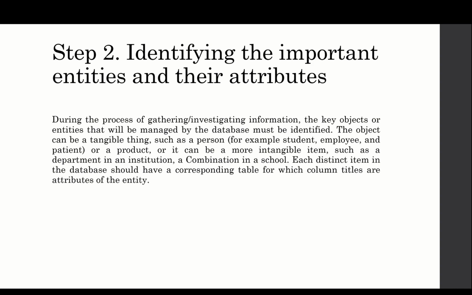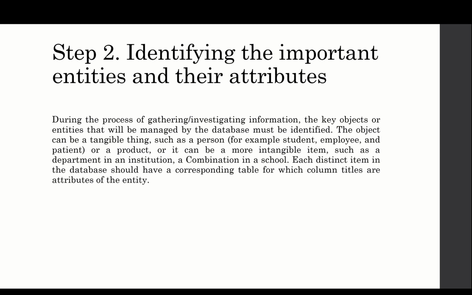Step number 2, after gathering the information, you need to identify the important entities or the objects as well as their attributes. So during the process of gathering information, the key objects or entities that will be managed by the database must be identified. Here the object can be a tangible thing, such as a person.